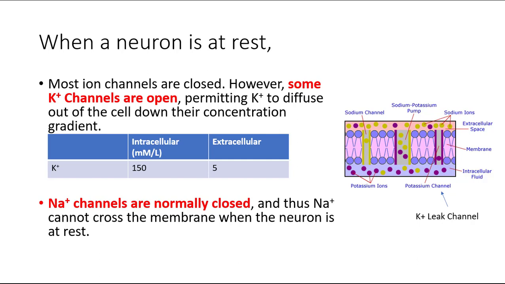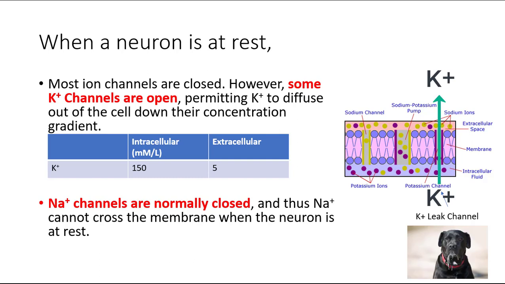However, some potassium channels are open, permitting potassium to diffuse out of the cell down its concentration gradient. In this case, these are potassium leak channels. So I just put the nickname, potassium leak channel. Sodium channels are normally closed, and thus sodium cannot cross the membrane when the neuron is at rest.